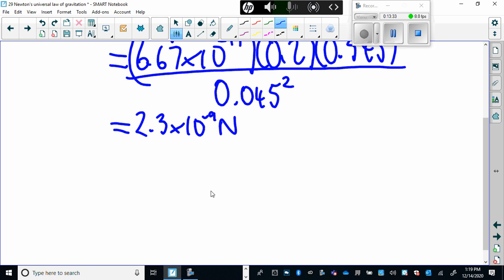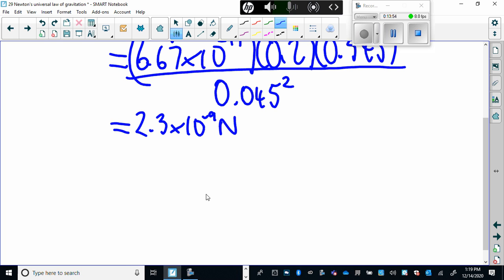Now, by looking at that number, you should clearly be able to see why, when I'm holding an apple and a pear, I can't feel them being attracted toward one another. Why not? Because the force of gravity of the Earth pulling them down, or the gravitational field of Earth pushing them down to Earth, is far greater.